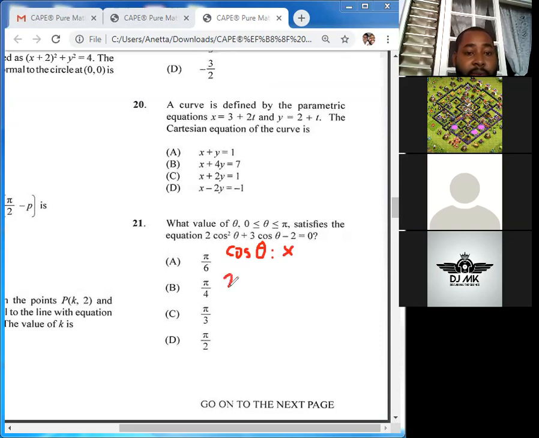This is going to become 2x squared plus 3x minus 2 equals 0.